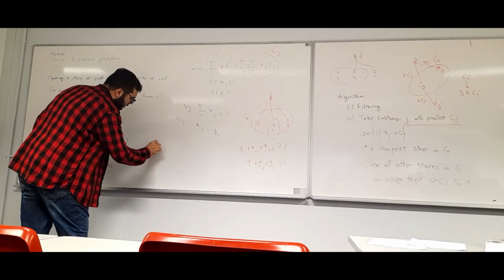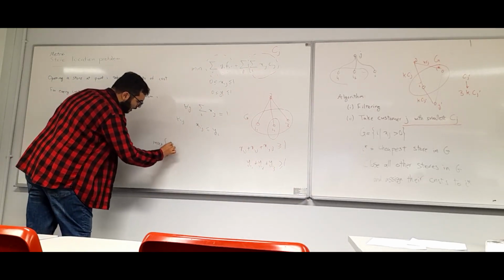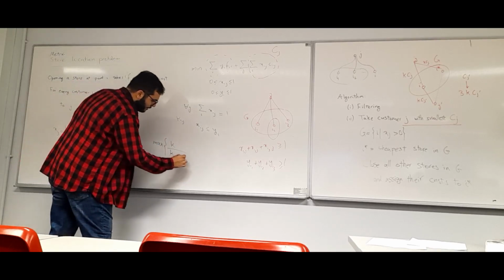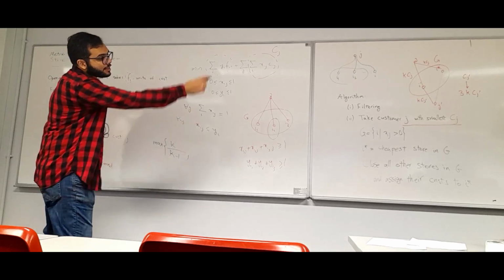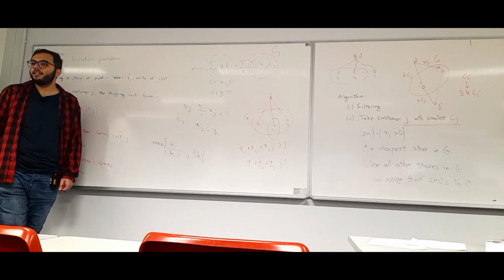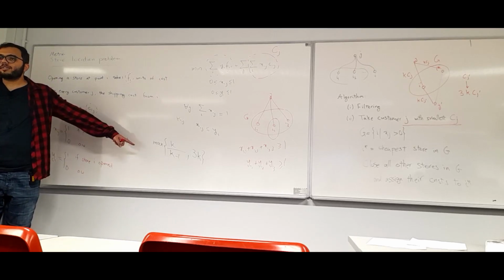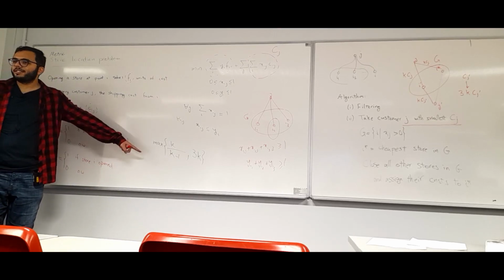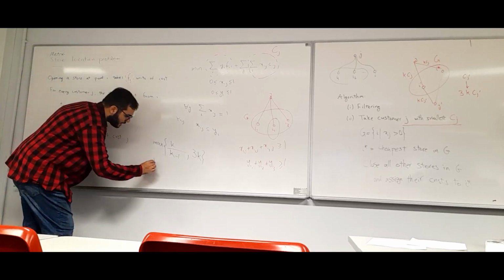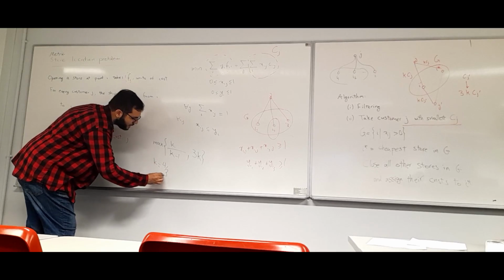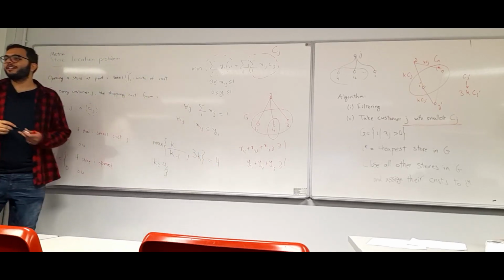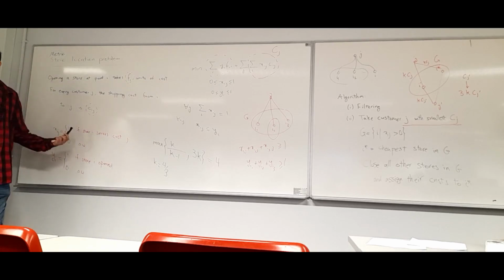My approximation ratio is the maximum of k over k minus 1, and that thing there, 3k. Right, so now I want to choose a value for k so that my approximation ratio is as good as possible. So just set k to be 4/3, and then your approximation ratio would become 4. So this is a 4 approximation.